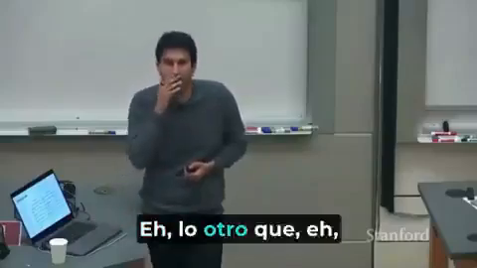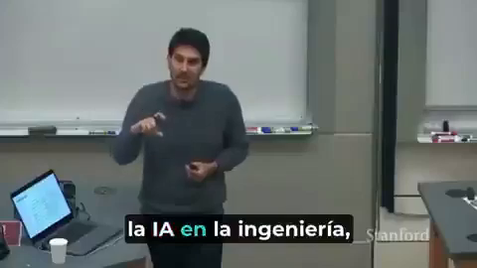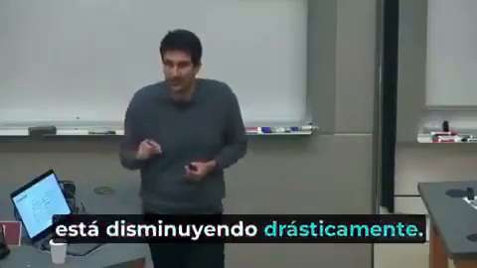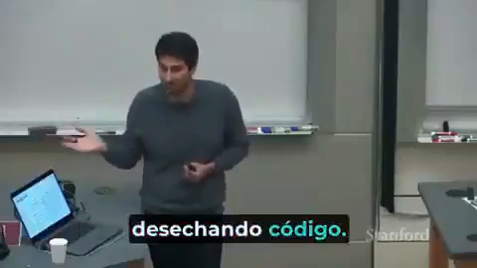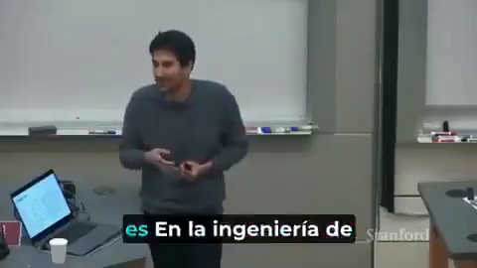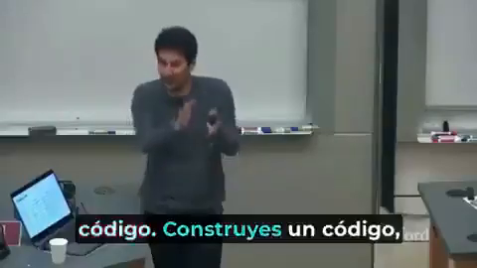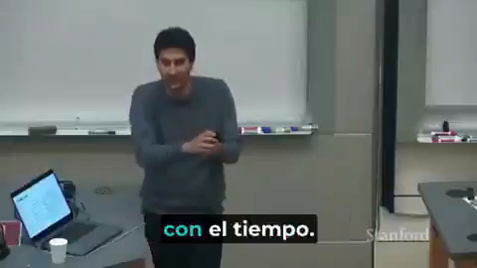The other thing that I feel matters is with AI in engineering, the cost of experimentation is going down drastically, and so people, I feel, should be more comfortable throwing away code. In traditional software engineering, you probably don't throw away code a ton. You build code and it's solid and it's bulletproof, and then you update it over time.